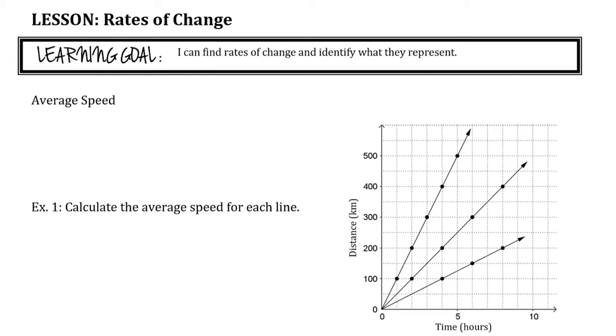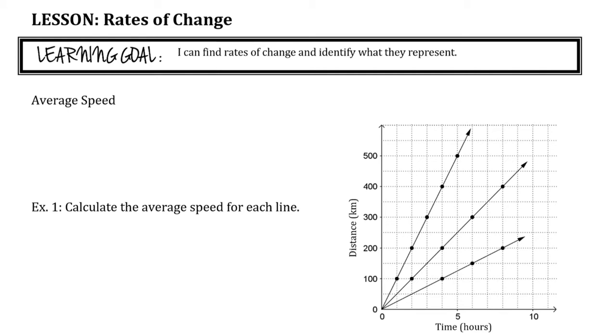And before we get started, if you think about what an application is in mathematics, it's the same kind of computational or calculation math that we've been doing, but the change or where it starts or the equation for the rule, all those things, they actually represent something in the real world. That's the only thing that's different. All of the math is exactly the same. It's just that now it actually represents something.